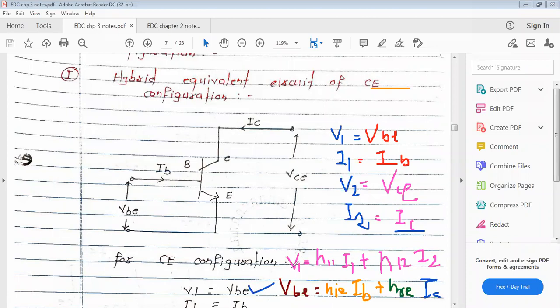Similarly, we can write the equation for output. That is, I2 is equal to H21 I1 plus H22 V2. I will write it over here so that you get the correct idea. So I2 is equal to H21 I1 plus H22 V2.